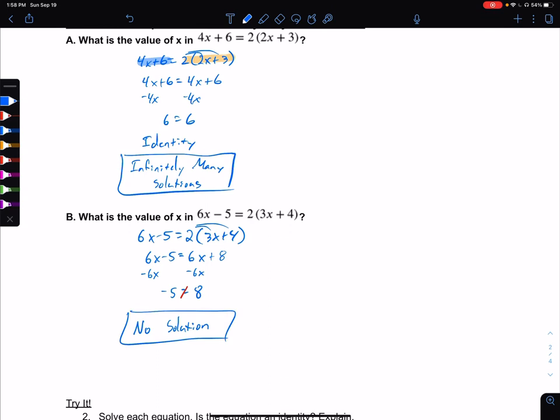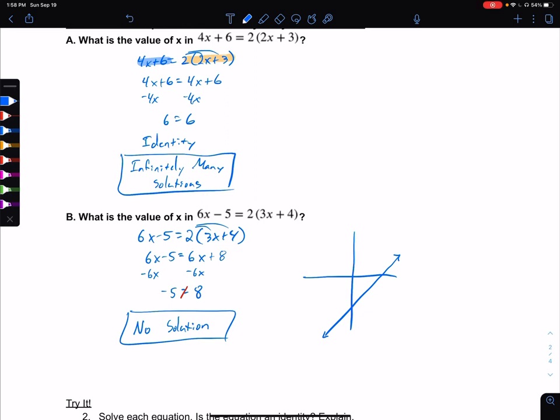Because the left and the right sides are never going to be balanced. No matter what number I plug in for x, they are never going to be equal to one another. What that would look like on a graph, and I'm just making this one up here, 6x - 5 would be something like this. You would have this line here, and it goes forever in each direction.